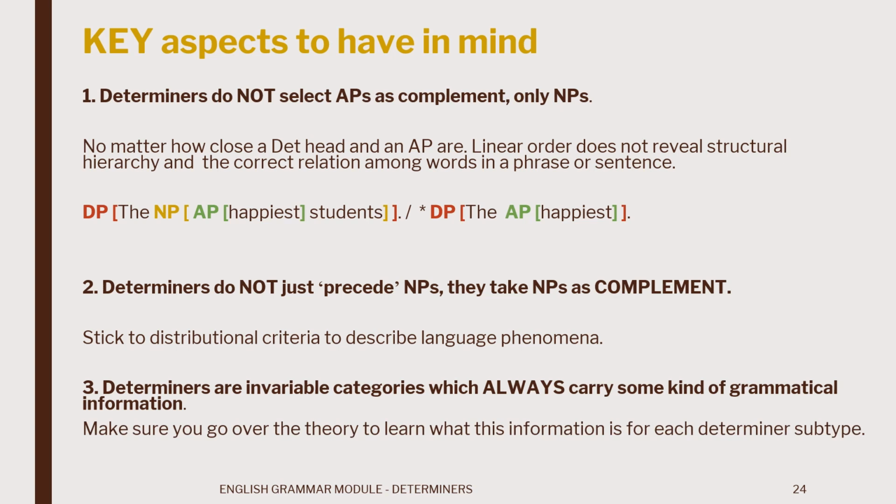In the case of the third one, and determiners being invariable, make sure you go over the theory to learn what this information is for each determiner subtype. So for example, there we have specific reference, will indicate possession, and in this case we'll have third person plural features.